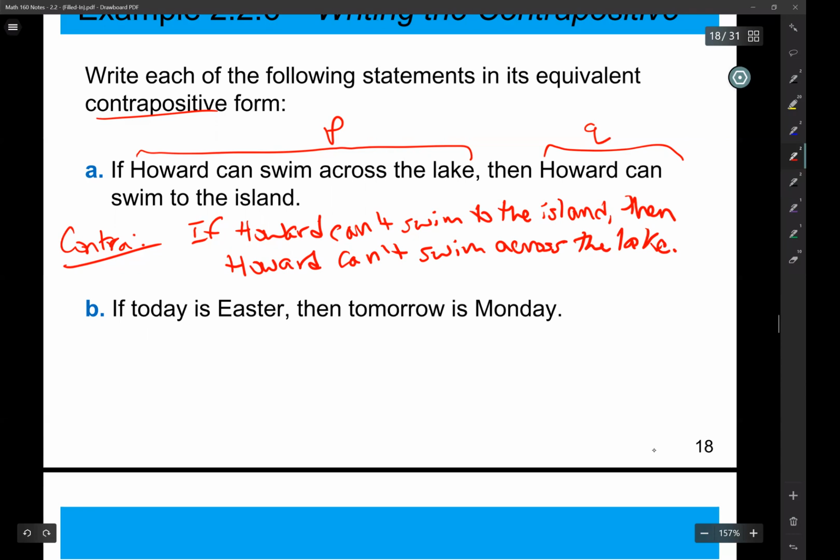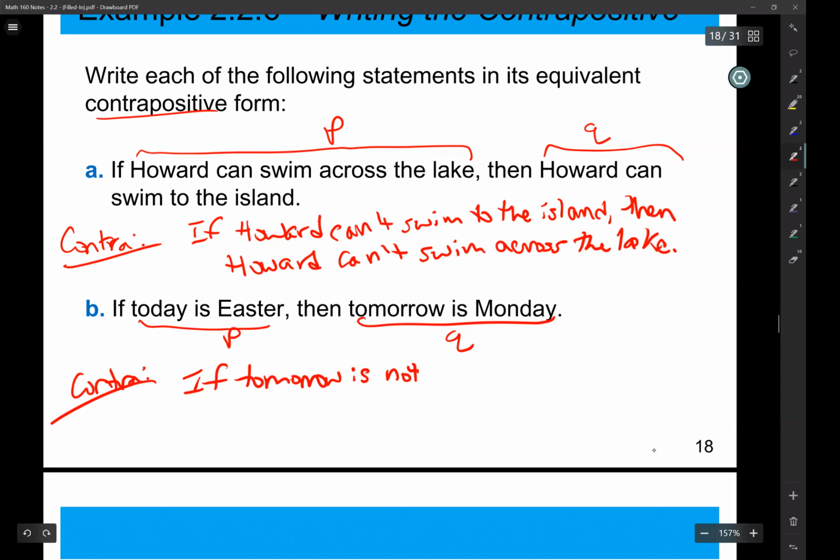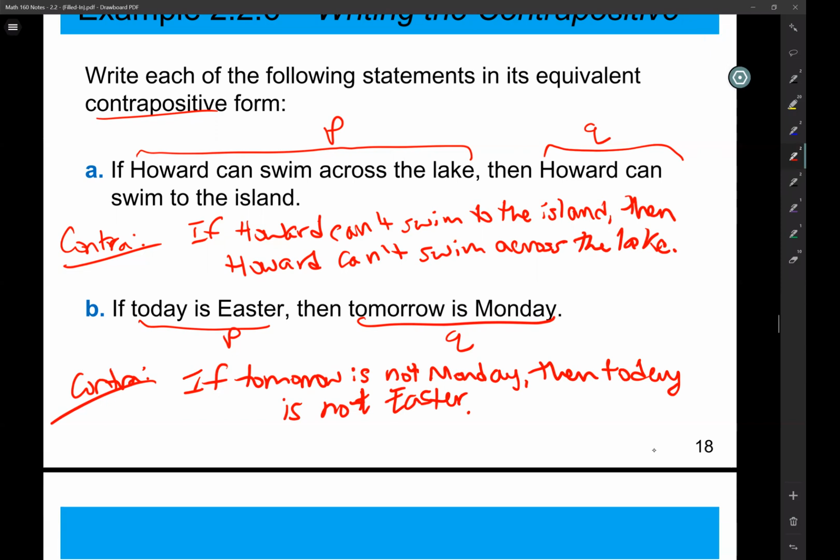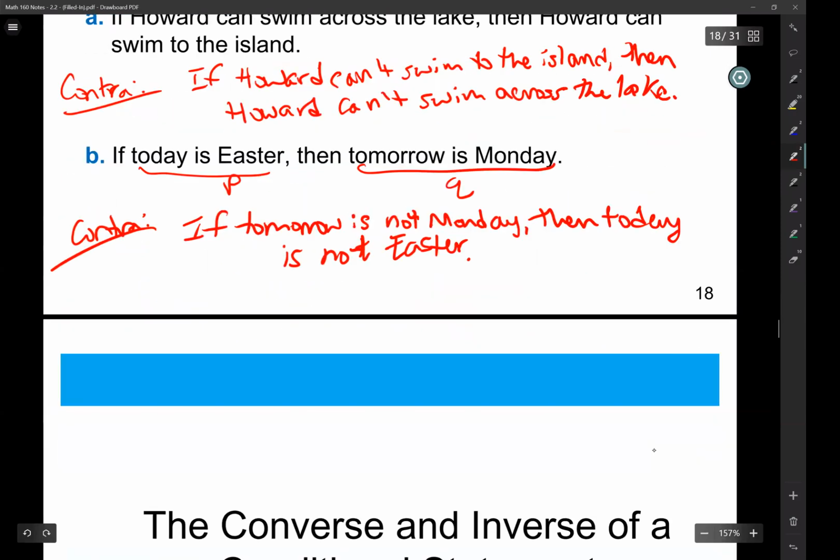Easy peasy. Same thing here. Today is Easter. Tomorrow is Monday. So the contrapositive would be if tomorrow is not Monday, then today is not Easter. And that's true because Easter always falls on a Sunday here in America. Okay, cool. Not Q implies not P.